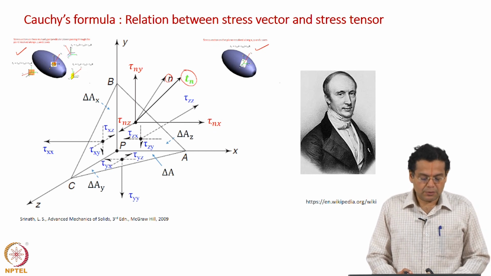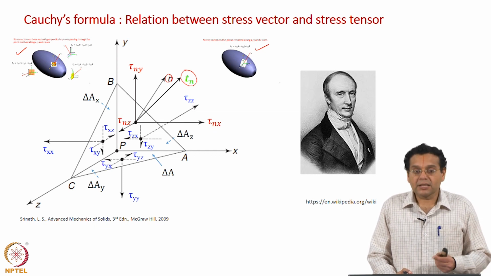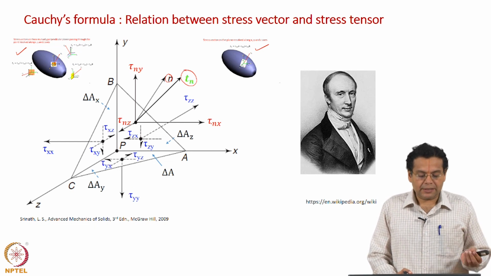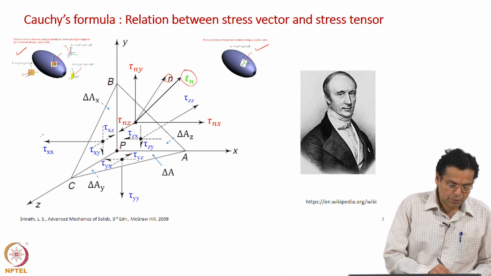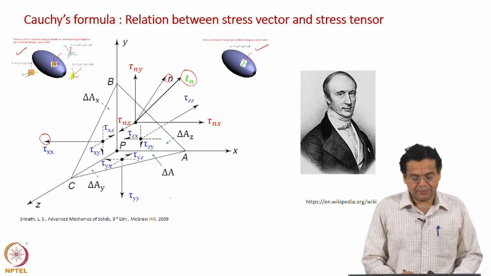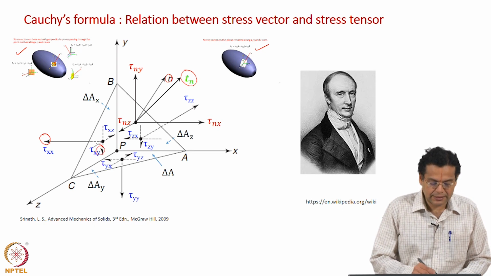Now, it is a plane whose normal is towards the negative x axis, and based on our sign convention all the forces are to be directed towards the negative axis. So, that is why you see tau xx directed towards the negative x axis, tau xy towards the negative y axis, tau xz towards the negative z axis.